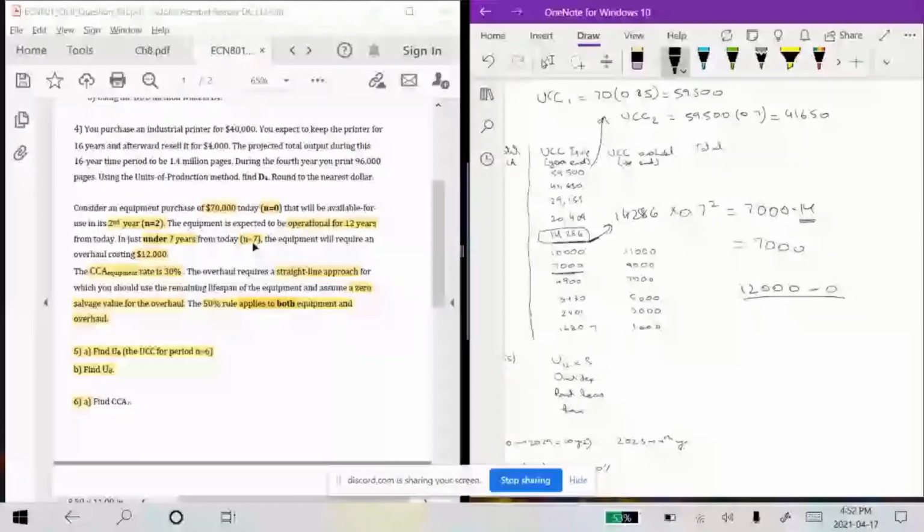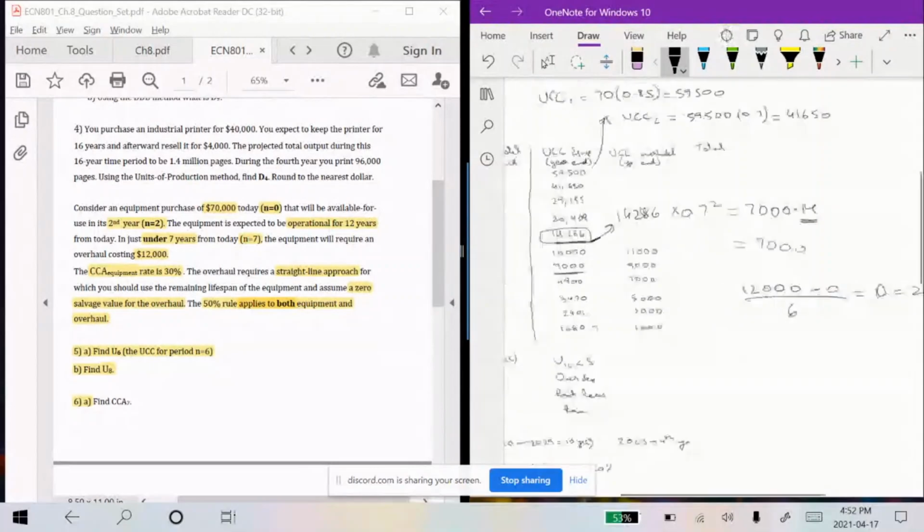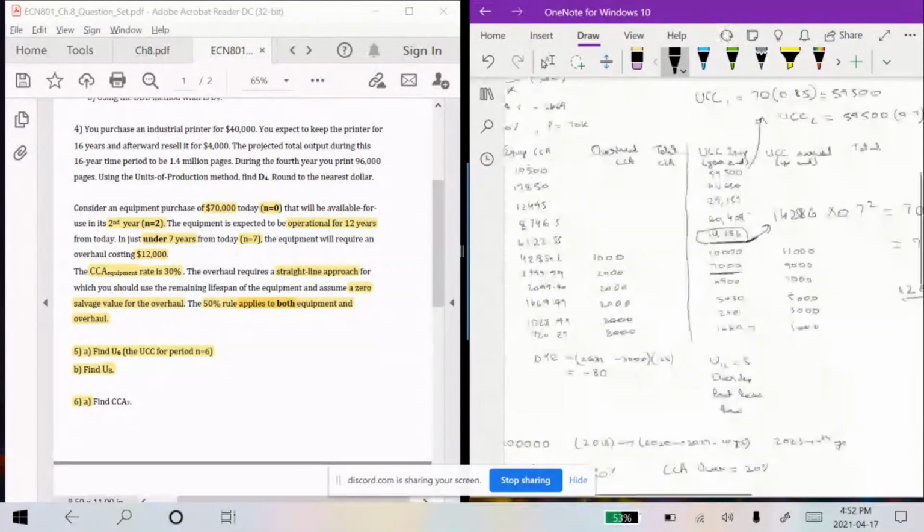The total number of years for the whole thing is 12. So if you keep counting 7, 8, 9, 10, 11, 12, you get that the overhaul is used for 6 periods. So you do this and you find that the D for the overhaul is going to be 2,000, right? Okay. So this is the CCA for the overhaul.